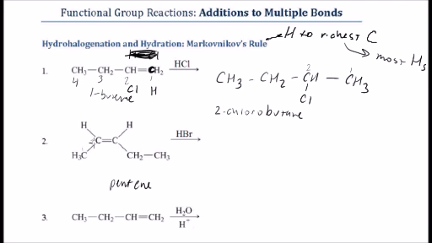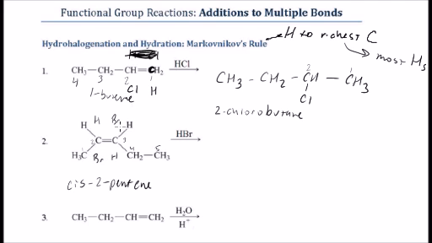So this is going to be the numbering, lowest number. So 2-pentene, and as we said, it's cis-2-pentene. Now we're going to add HBr, and we can add H here, or Br there, or H here, or Br there.